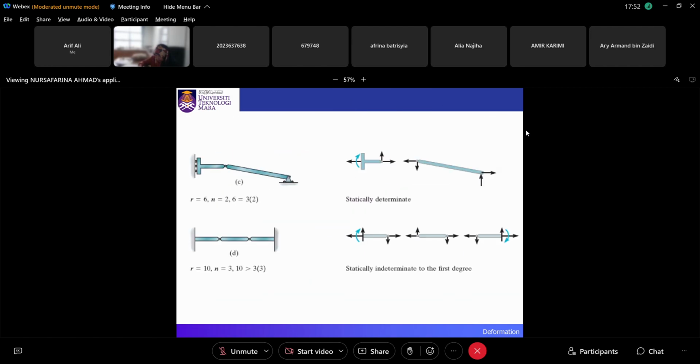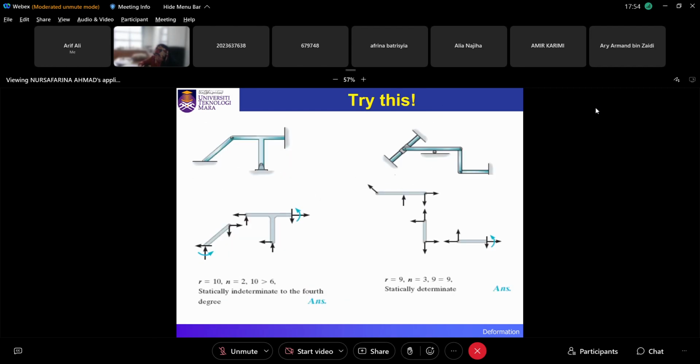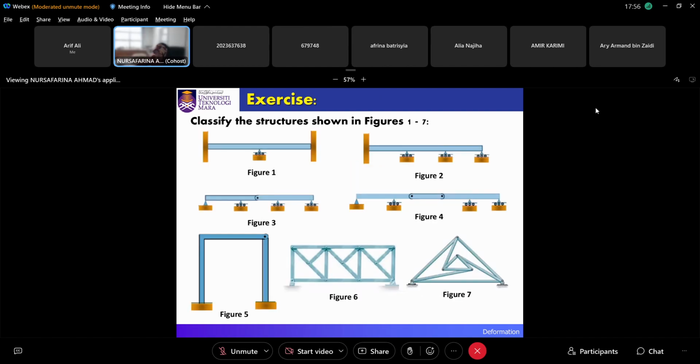Please calculate the determinacy of this structure.